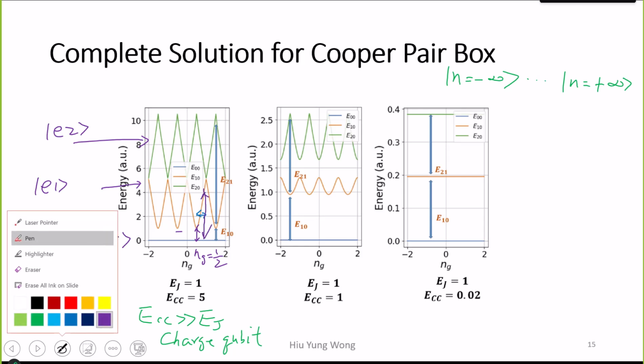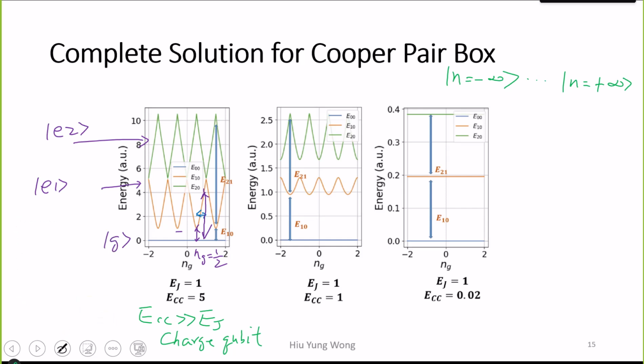This is the charge noise. If I move the Ng from this point to this point, the orange changes a lot, right? Energy changes from here to here. Make sense? And this is the qubit energy. So this is very sensitive to charge noise, the charge qubit, right?